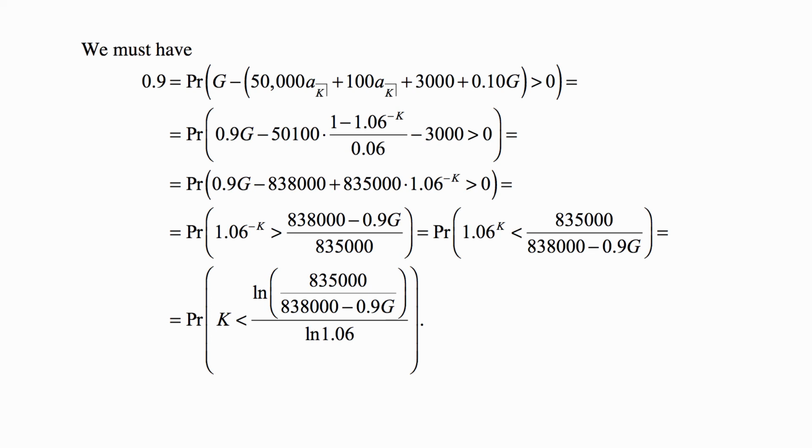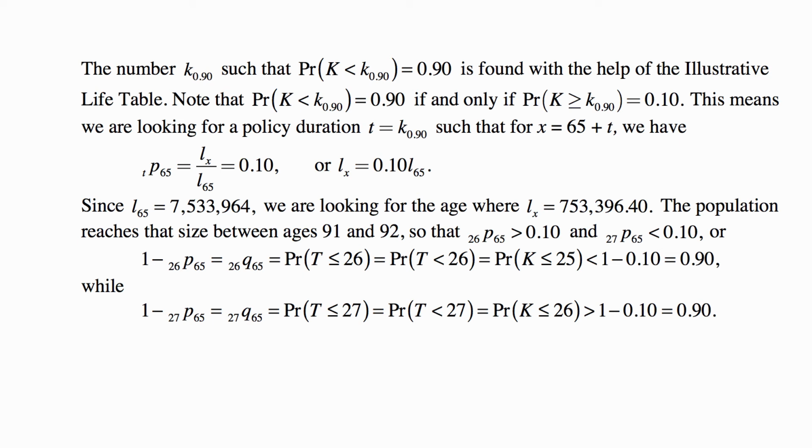And again, we solve everything, and we get this expression, the probability that K is less than the expression on the right-hand side, and that's equal to 0.9. So we're looking for the number K.90, such that the probability that K is less than K.90 is 0.90. It's the 90th percentile.